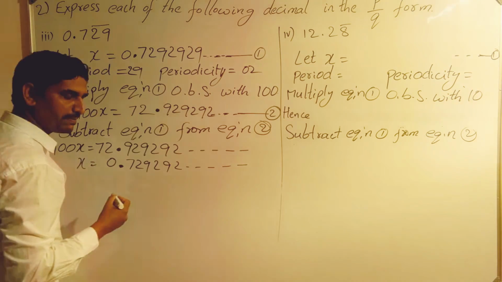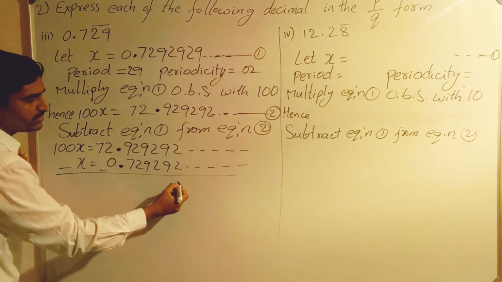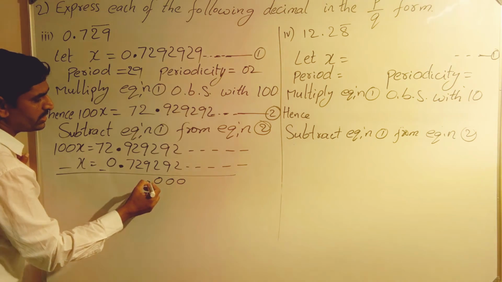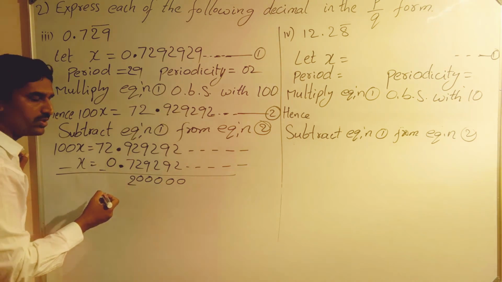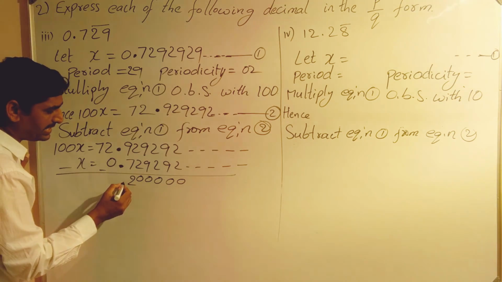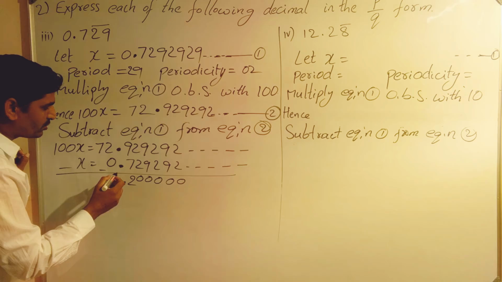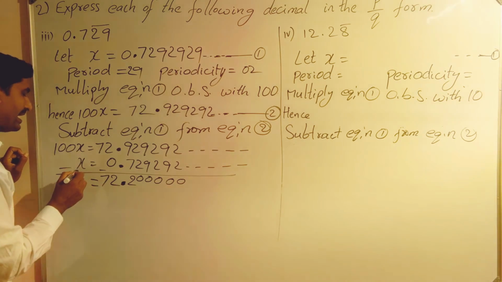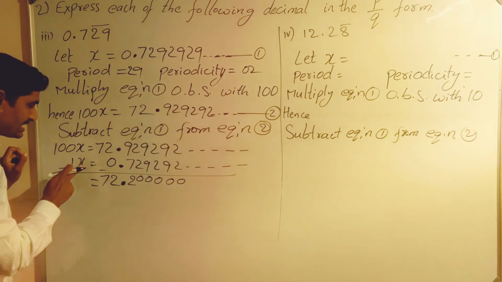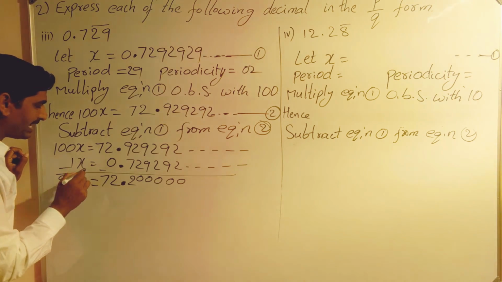Now by subtracting: 9 minus 7 is 2, 9 minus 7 is 2, the point stays the same, 2 minus 0 is 2, 72 equals, and x is nothing but 1x, so 100x minus 1x is 99x.